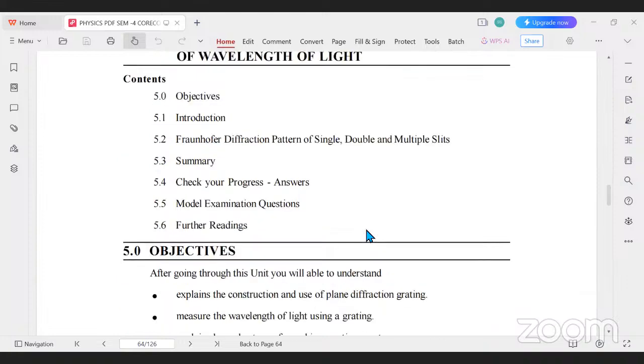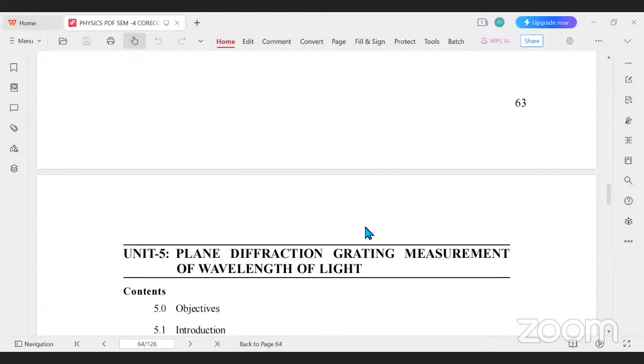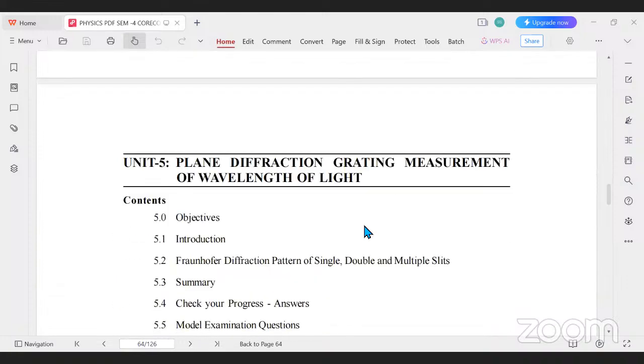Before going to this topic, I just want to discuss much about grating, how this grating takes place. So today I am going to discuss the basics of grating. If I'm able to help you out by understanding what is grating and how it takes place, then you can easily understand the topics being discussed here.